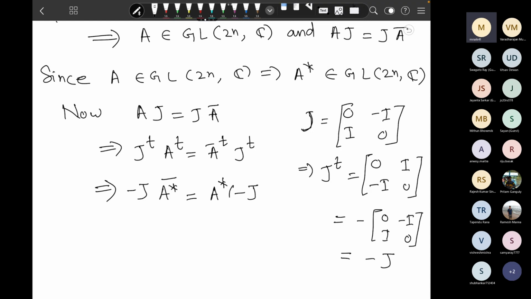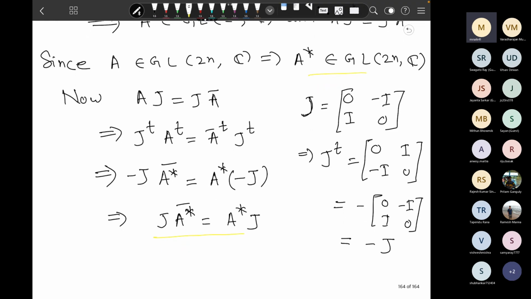So this implies J A star bar is equal to A star J. So A star belongs to GL2N(C) and J A star bar is equal to A star J. This implies A star belongs to GLNH.